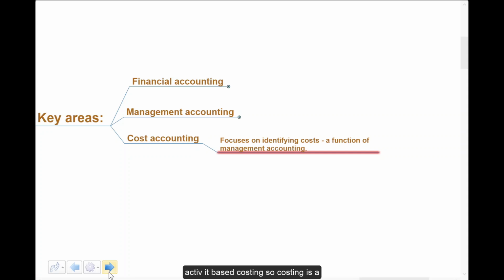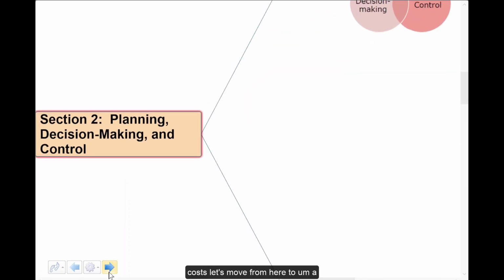So costing is a large area within management accounting. And indeed, the MA examiner will focus in your exam on the various different techniques that management can use to identify costs.